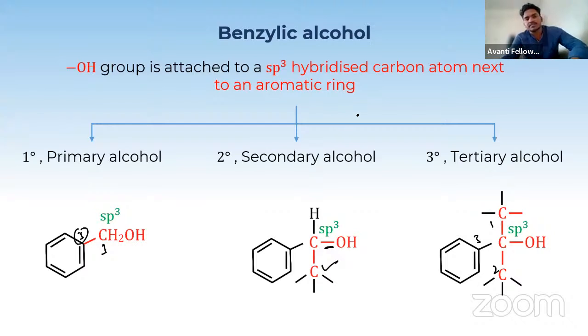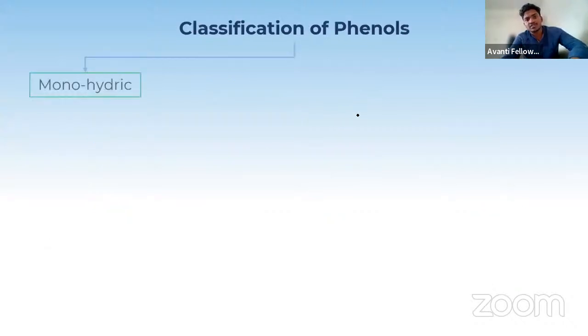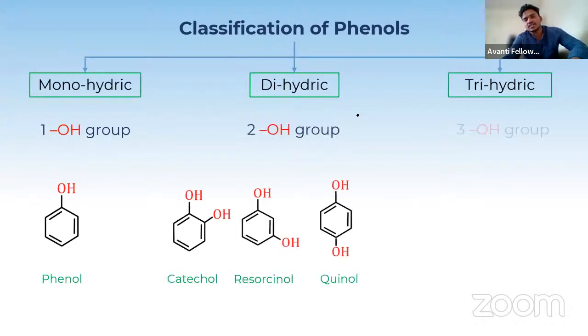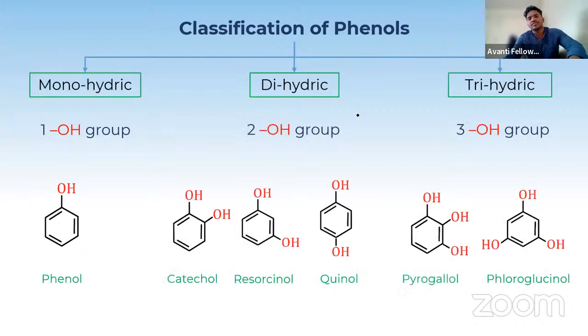Okay, next, classification of phenols. That is very important. Phenol is simply a substituted group: OH is substituted on benzene, and that we call phenol.